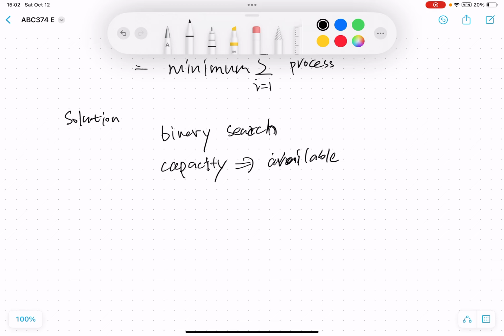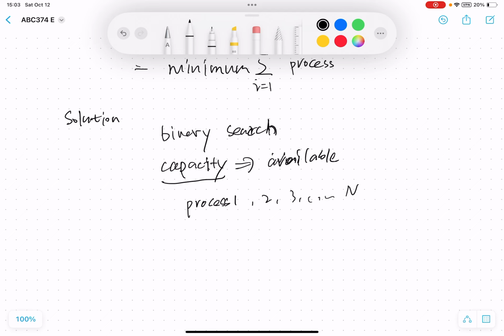So the more important thing about this problem is how to define the check function. More specifically, you can check the given capacity from process 1, 2, 3 until N. If all processes are available for this capacity, it is available finally.